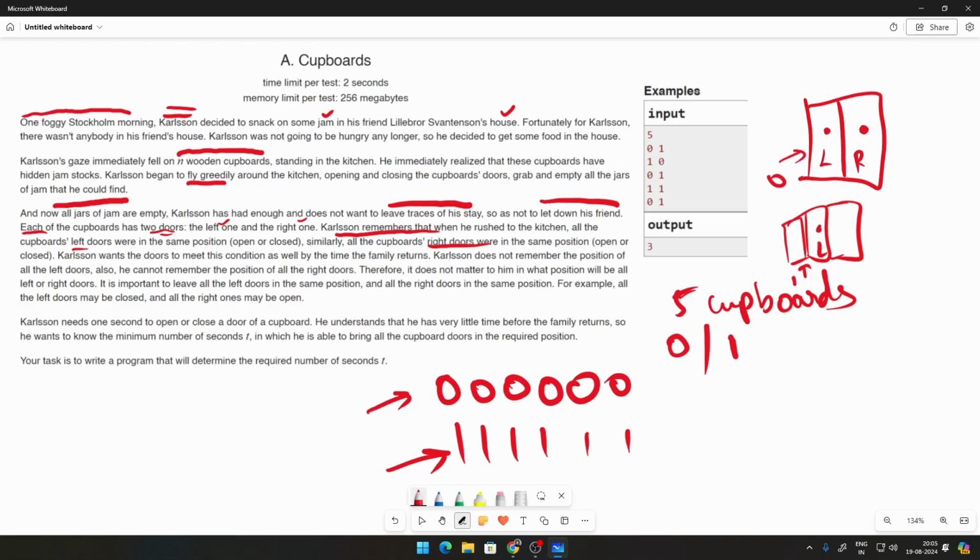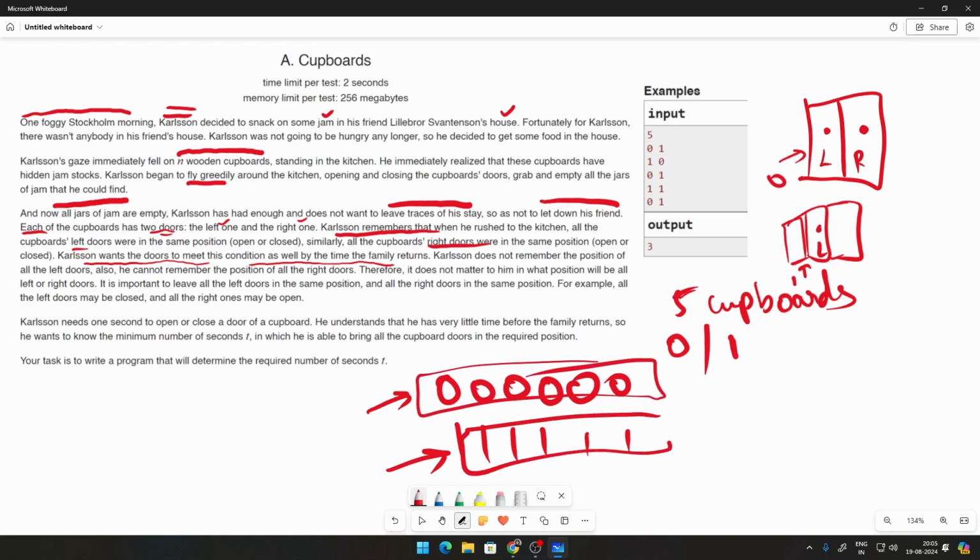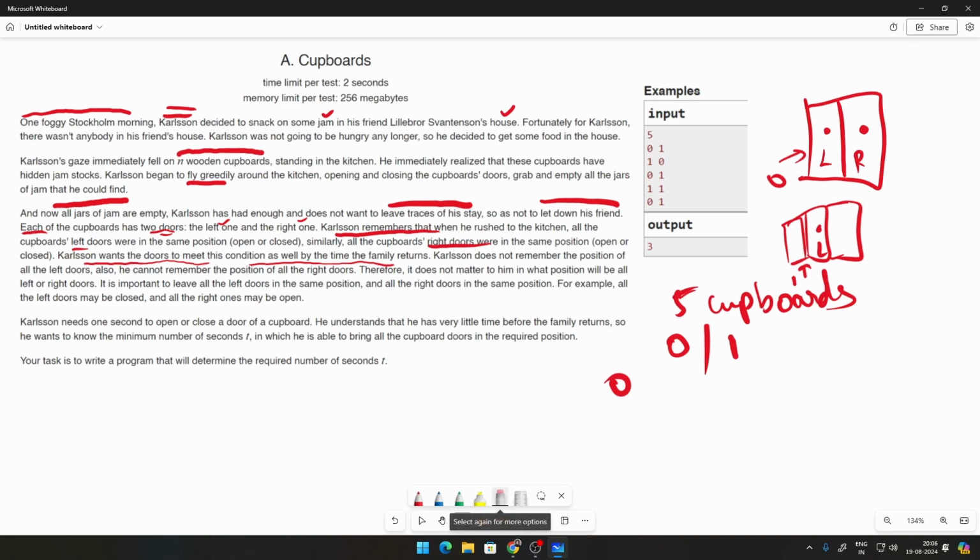Carlson wants the doors to meet his condition by the time the family returns. When the family returns, he wants all of the left doors to be in the same position and all of the right doors to be in the same position. Carlson does not remember the position of all the left doors or all the right doors.